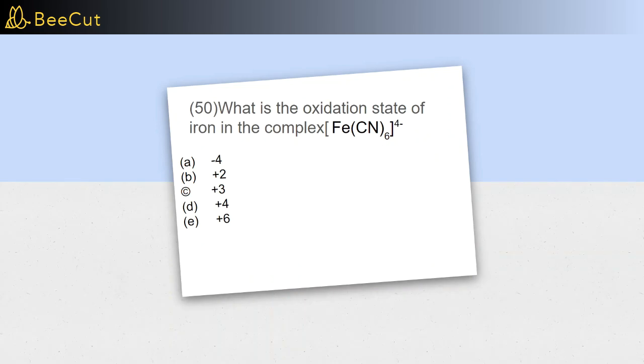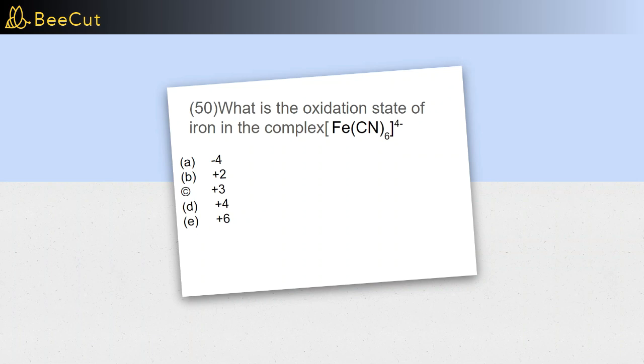50. What is the oxidation number of iron in this complex, Fe(CN)6 4-? You are looking for the oxidation number of iron. Cyanide is -1 multiplied by 6, and everything will be equal to -4.